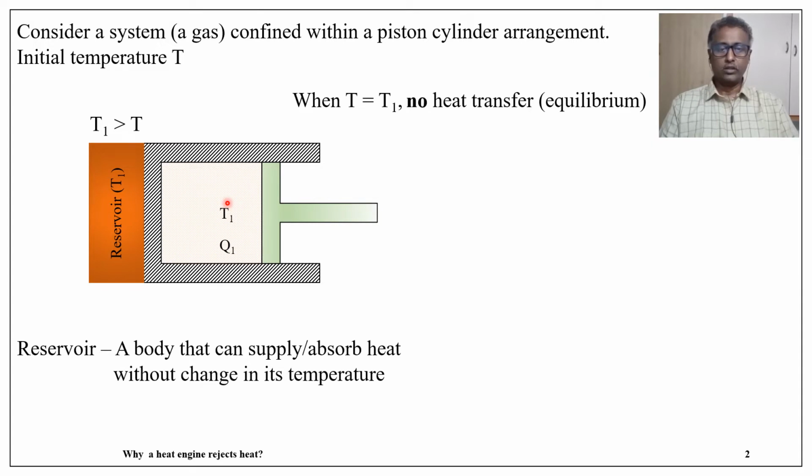Stopping of the engine means it no longer can deliver work. During the state change from initial temperature T to the final temperature T1, energy in the form of heat is added and the magnitude is Q1.